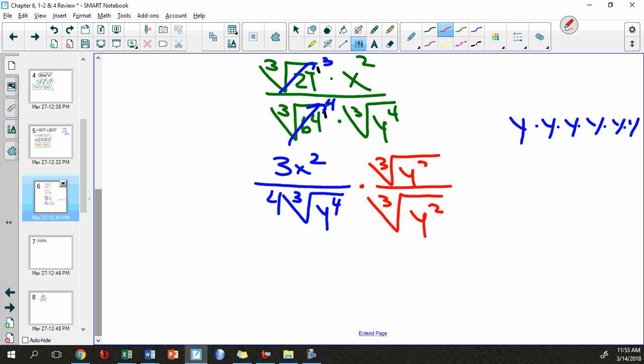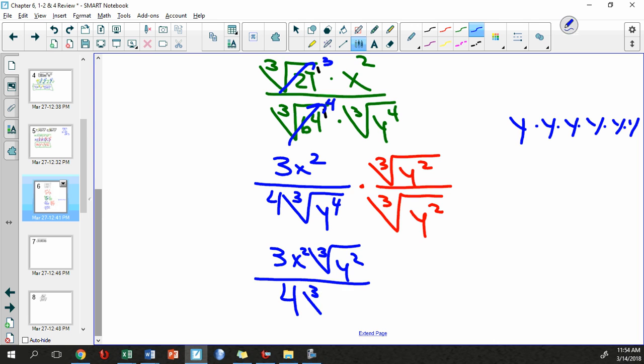What you do to the bottom, you must do to the top. Do we all understand that? That's what we call rationalizing. Remember this? So this is 3x squared times the cube root of 3y, the cube root of y squared. The 4 stays out there. Now, how many total y's will I have inside there? 6 of them.